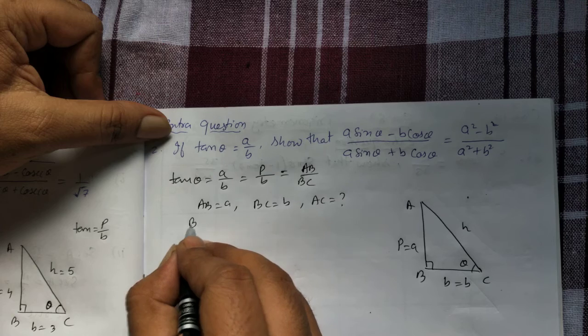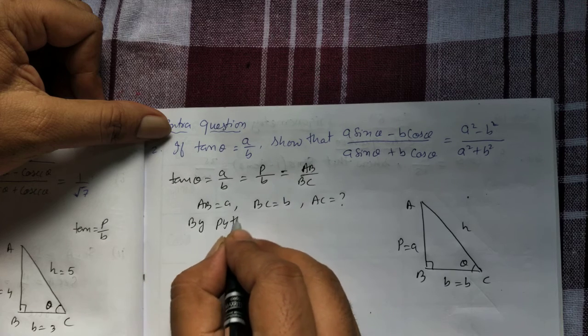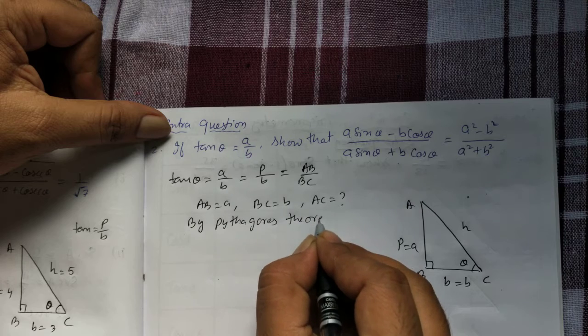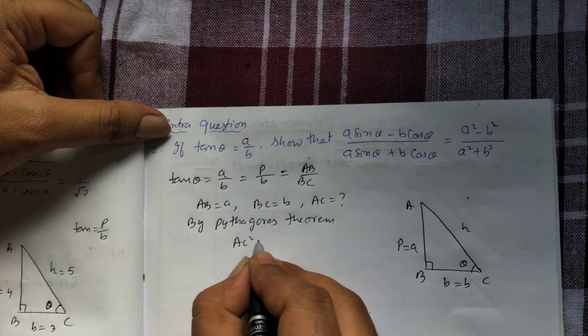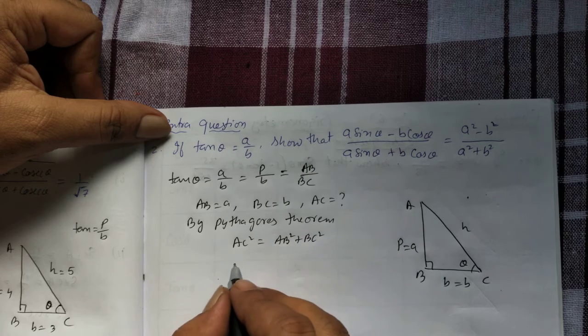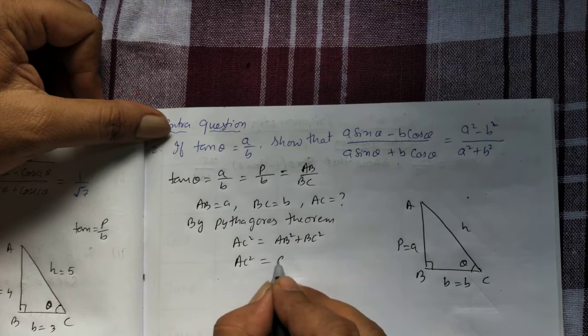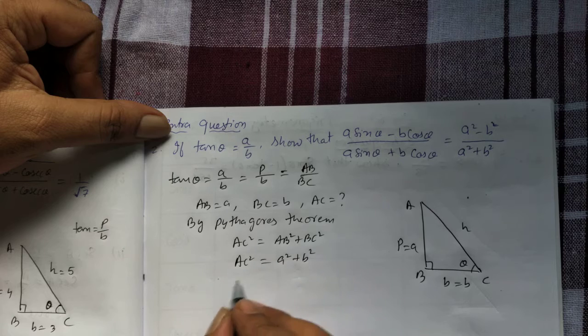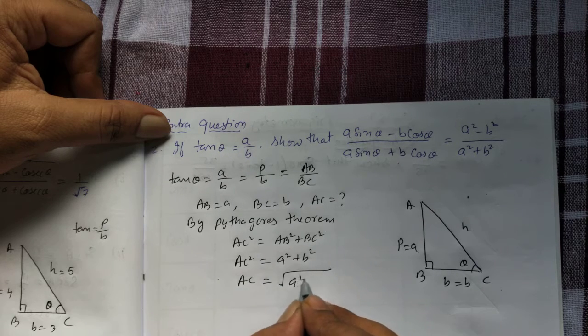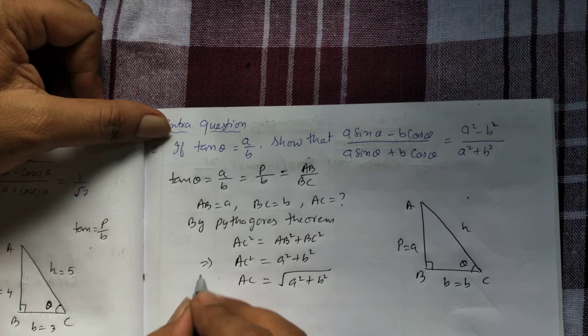So use Pythagoras theorem. AC square equal to AB square plus BC square. Put the value. A square plus B square. We cannot add, so find directly AC is root over A square plus B square.